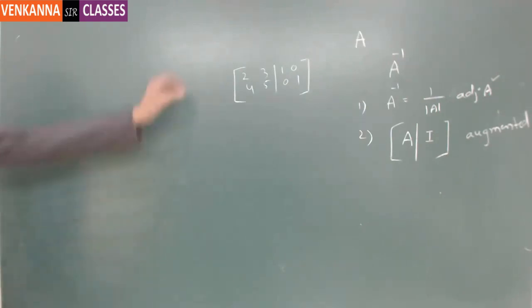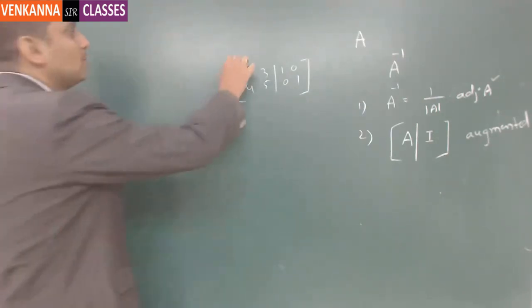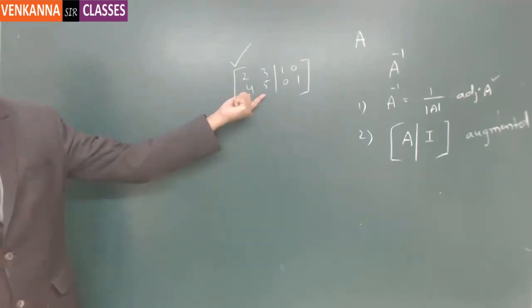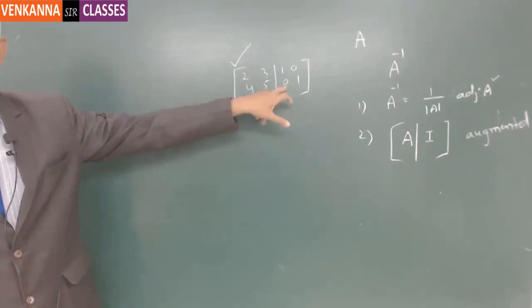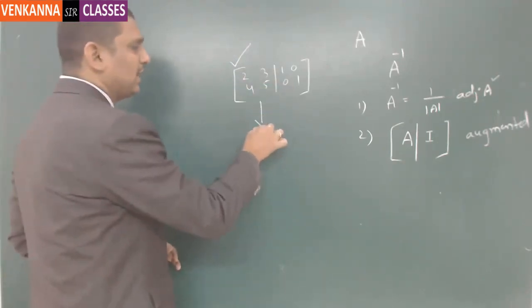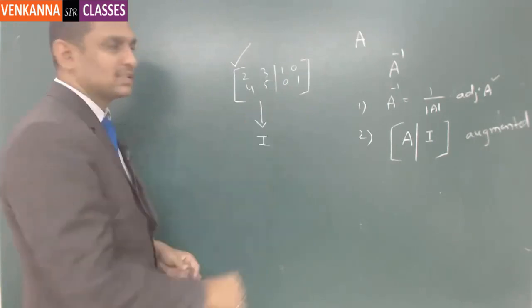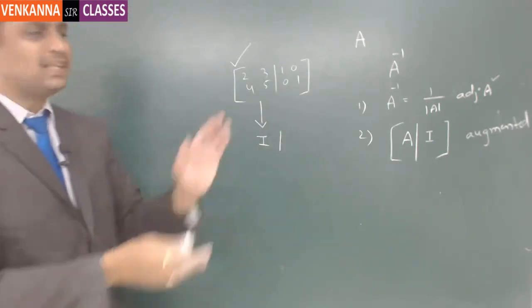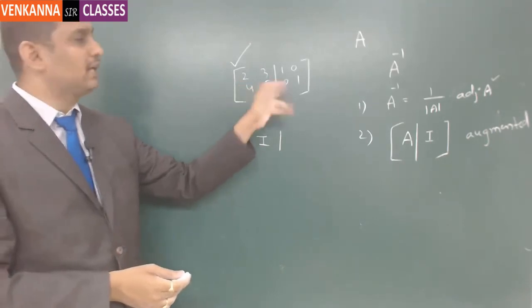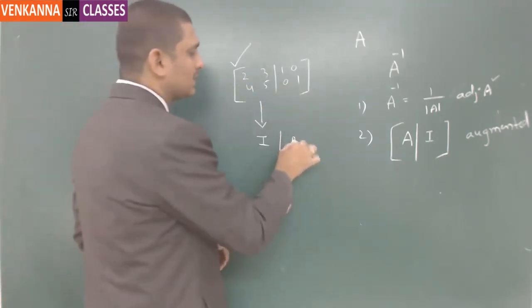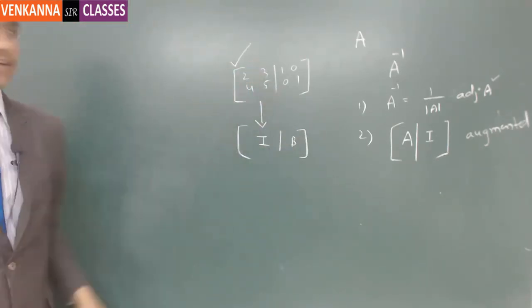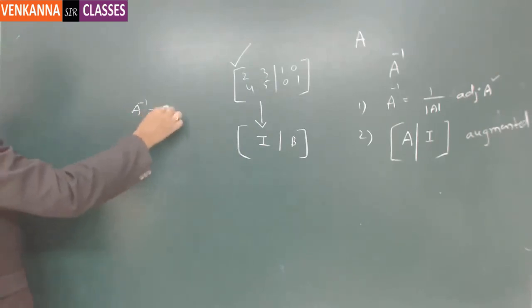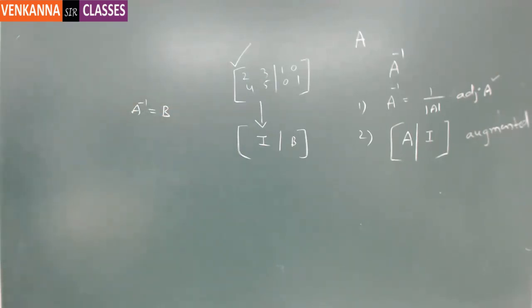Now we apply row operations on this; you can apply column operations too. The same operations are applied on both sides, so that the left side is turned into the identity matrix, and on applying the same operations on the other portion, you get a new matrix. This matrix we call the inverse of A, so A inverse is nothing but B. Is this procedure known to you or not?